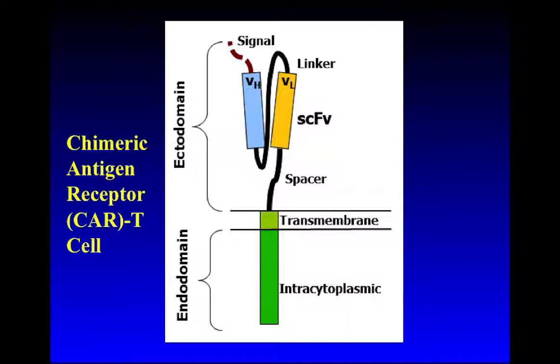We have a single chain fragment variable region, the VH and VL of the immunoglobulin, tethered to a spacer and a transmembrane, and the intracytoplasmic domain of the signaling molecules of the T cell receptor, and then we're off and running. By doing this, we can convert patients' T cells into cells that will recognize the tumor, and they do the recognition the way an antibody does, in the absence of MHC restriction.